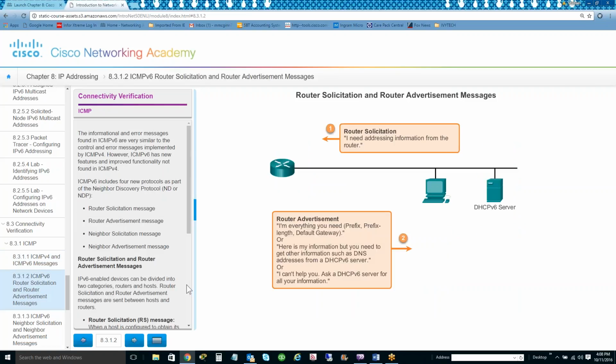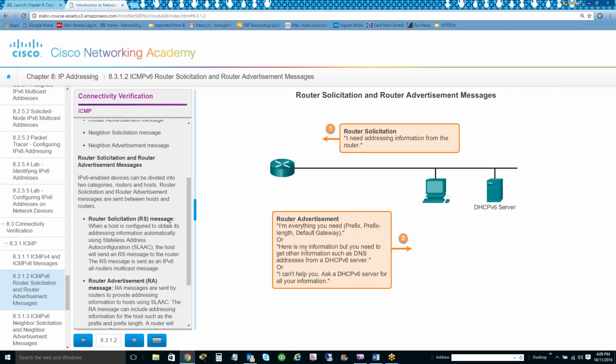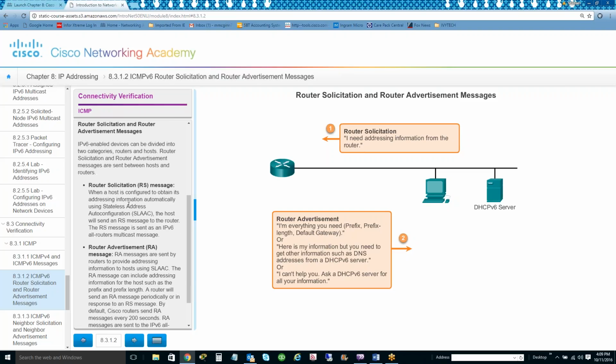In IP version 6, there is an extra protocol, the Neighbor Discovery Protocol, or NDP. ICMP messaging can actually find an IPv6 router on your network, and these are the messages associated with that. Where that comes into play is when a host needs to obtain a global unique address or link local address. It can use basically the IPv6 version of DHCP.